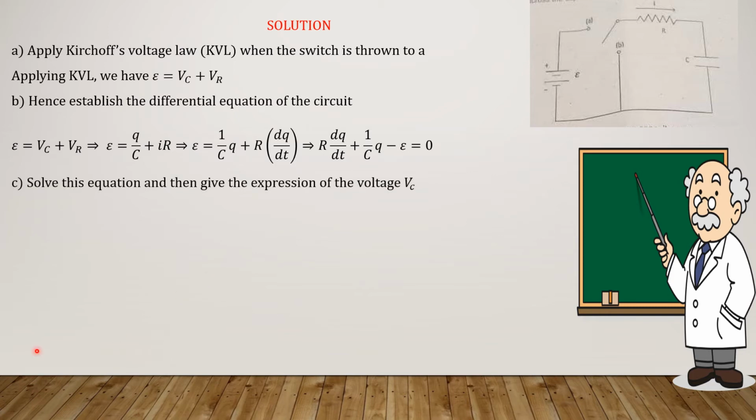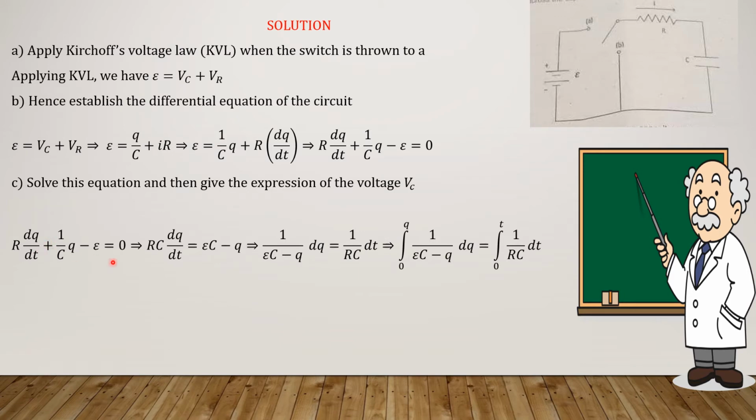Now going further, C says solve this equation then give the expression for the voltage VC. What I did was multiply by C and take these two terms to the other side of the equation, and then get this.